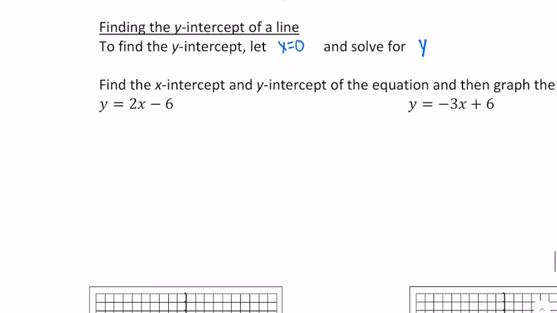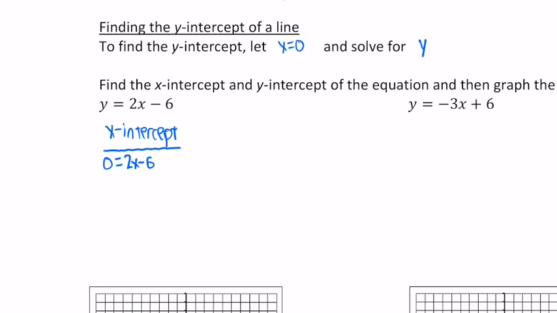So first, let's find the x-intercept of the equation. We find the x-intercept by putting in 0 for y, giving us 0 equals 2x minus 6.